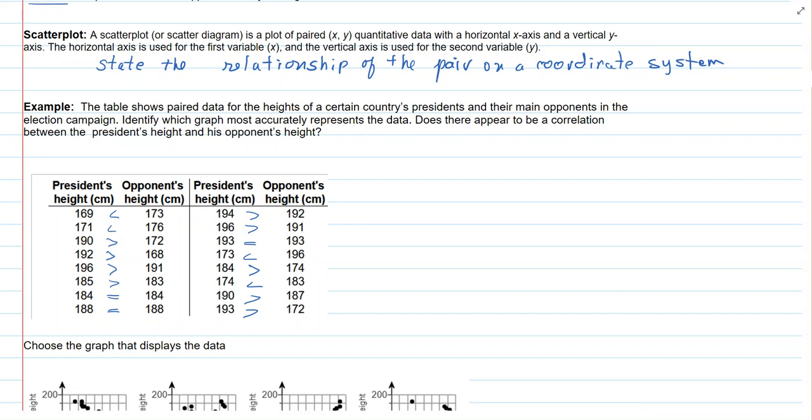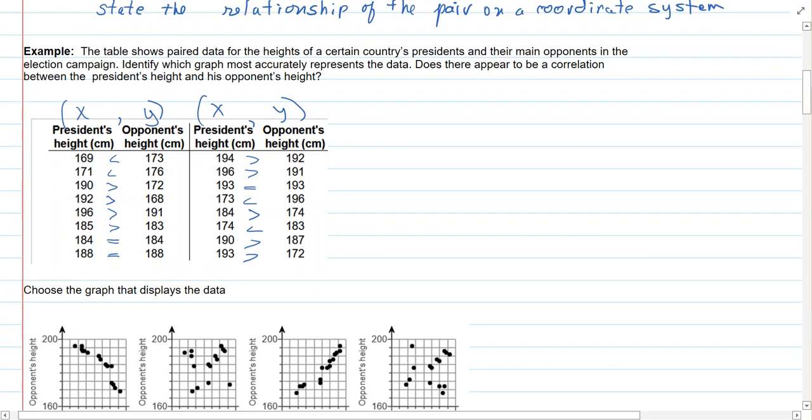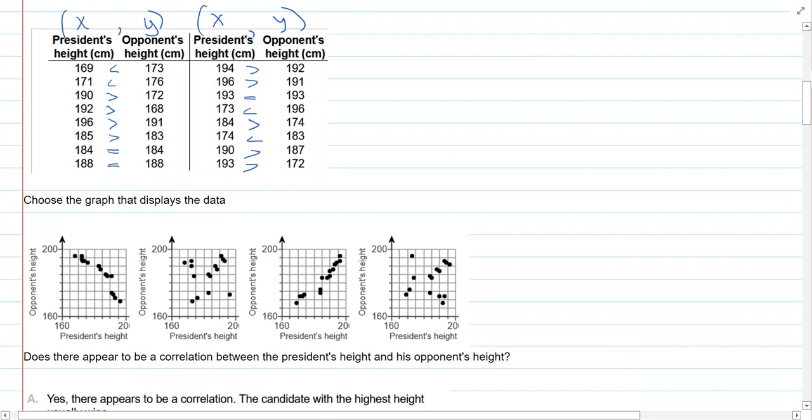So we want to choose the graph that displays this data. And we're saying this is our X and this is our Y as the ordered pair of information to see if there is a connection with this particular condition. All right, so we're saying, okay, 169, which is this, 2, 6, 7, 8.